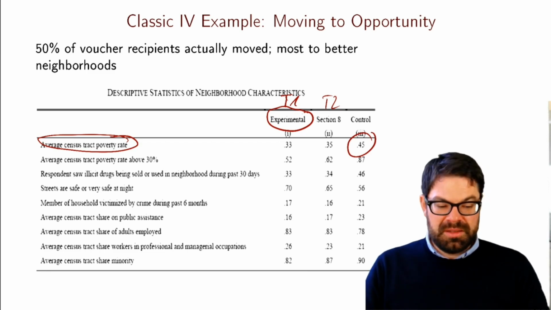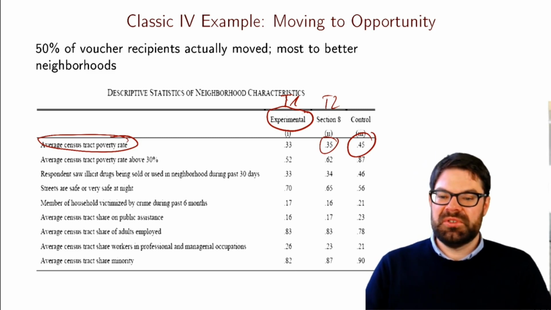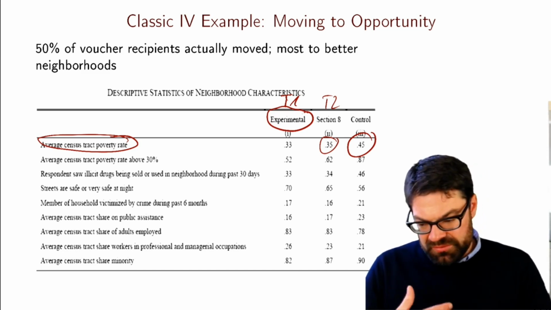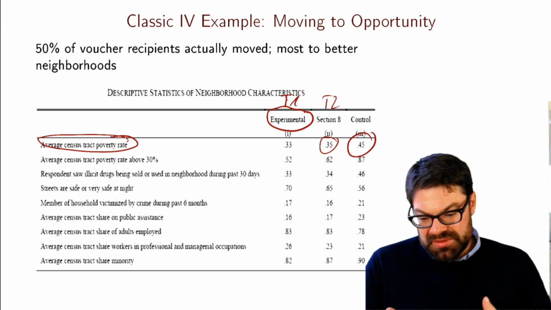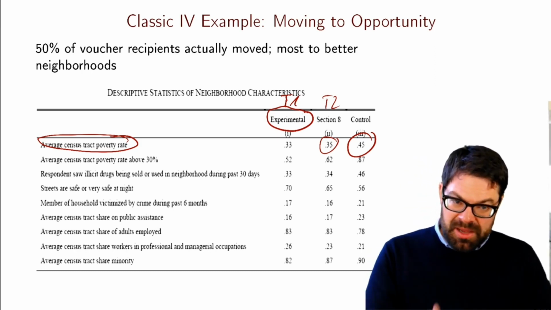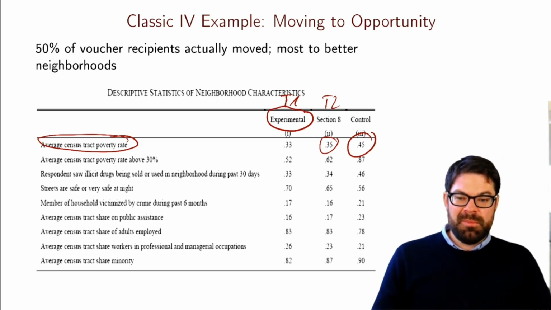And the same goes actually for the treatment group that received a voucher with no strings attached. And the same thing goes then for street safety and crime and so on. So this was the first stage. Basically, it shows that the vouchers actually induced people to move to better neighborhoods.